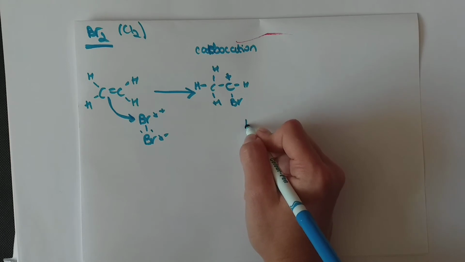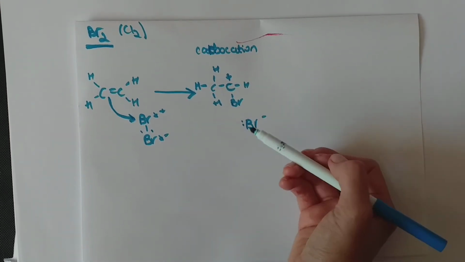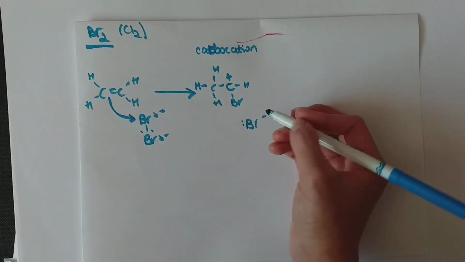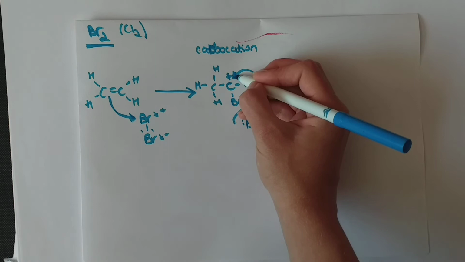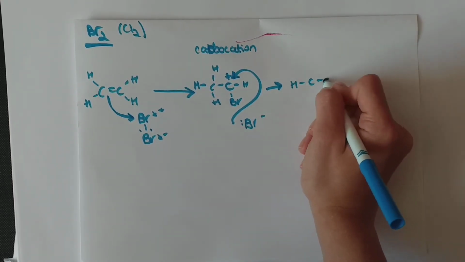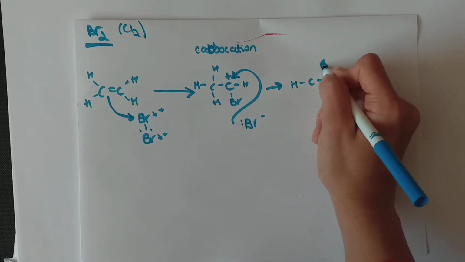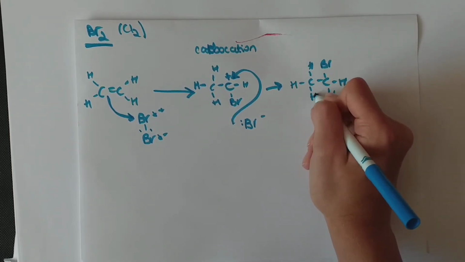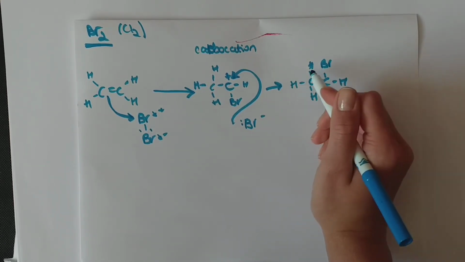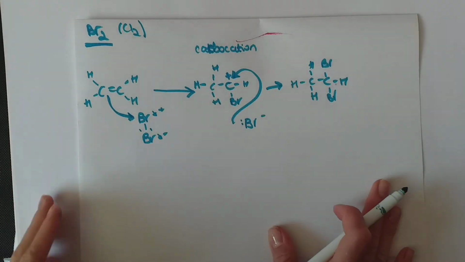It's positive, but we have this bromine floating around, and carbon is positive, our bromine is negative, so it's going to go onto our carbon, and again we form a halogenoalkane. These bromines you can put either here or here or here or here, it doesn't matter. You can just put them anywhere.